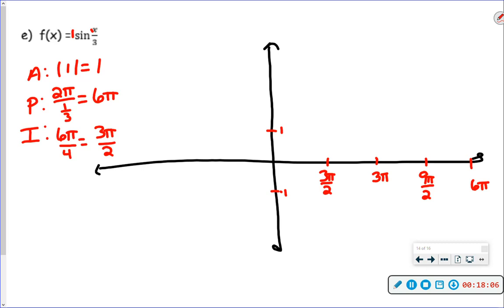Now, sine, of course, starts at the center line. Positive 1 for your lead coefficient, so up to 1. So you can see I've stretched these curves out. Positive 1, so we should have the hill, and then, of course, the valley. Now I'm just going to repeat the same thing, but clearly I'm out of room to go up to 12 pi on the right, so I'm going to subtract.